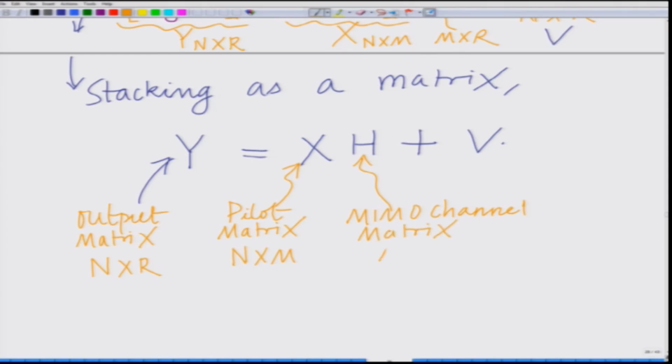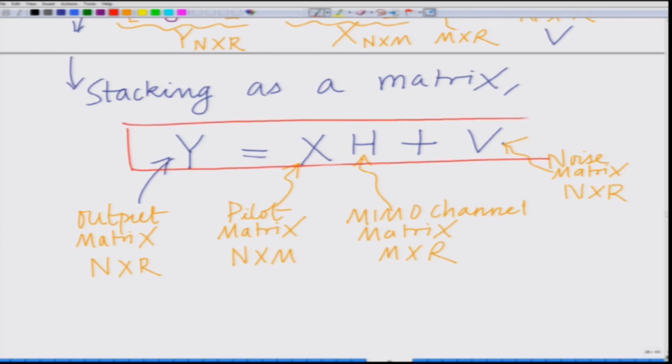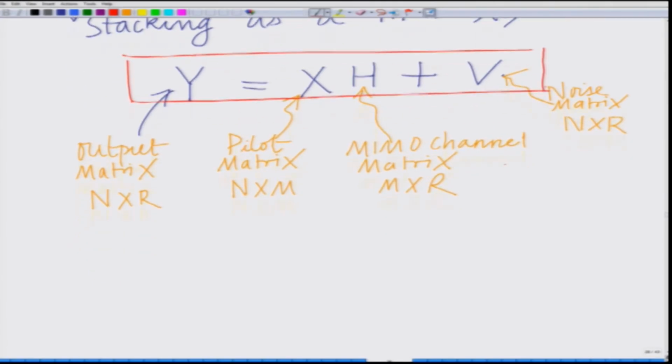This is now a MIMO channel matrix, which is m cross r. m is the number of transmit antennas, r is the number of receive antennas, and this is the n cross r noise matrix, and therefore, this is your final MIMO input output system model for the multiple input multiple output wireless channel.